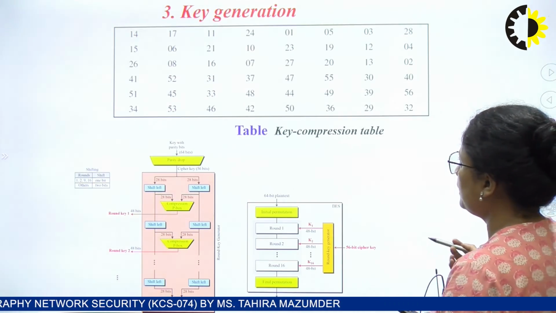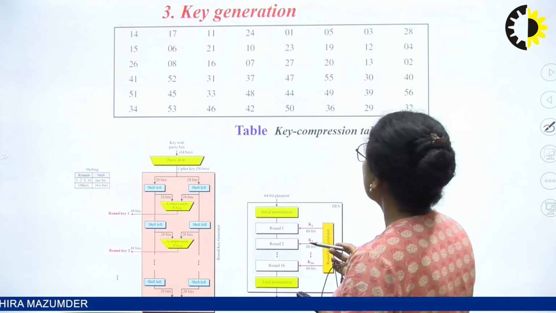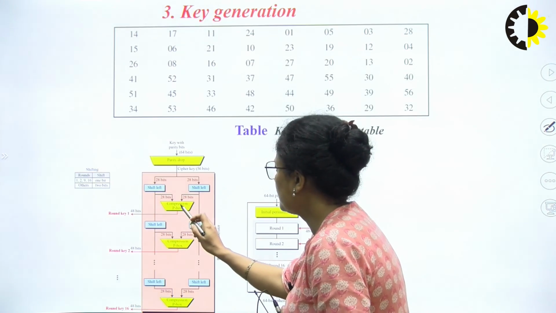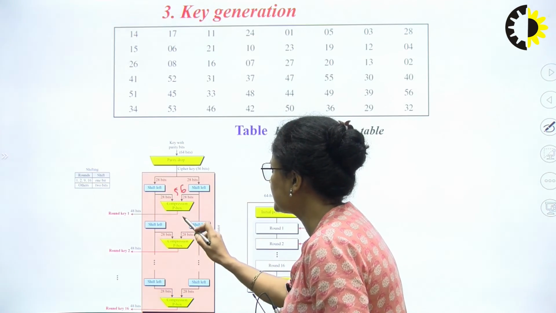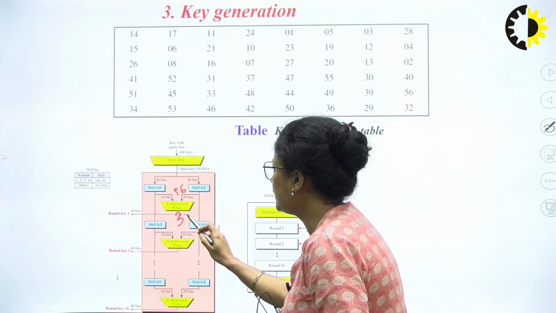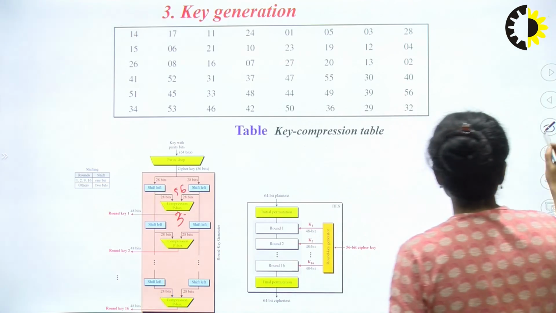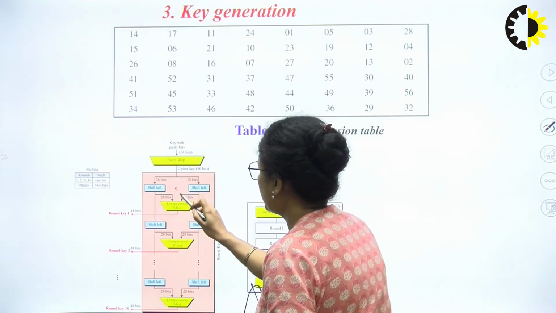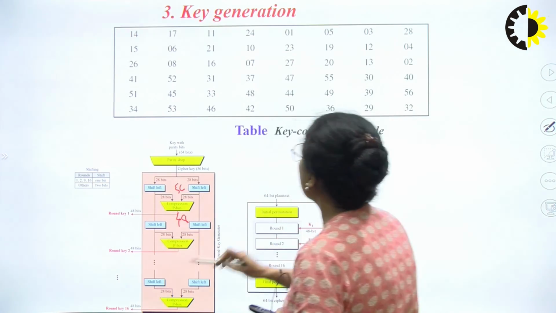What is the compression table? If you remember, the compression table takes a 56-bit key and converts it to a 48-bit key. This is your table.